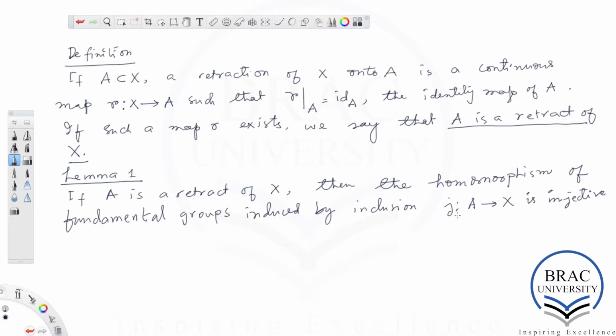Which means that we have to prove that J star, the homomorphism that gets induced from this inclusion map, is injective. Okay, let's prove it.